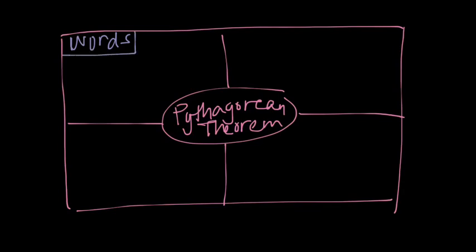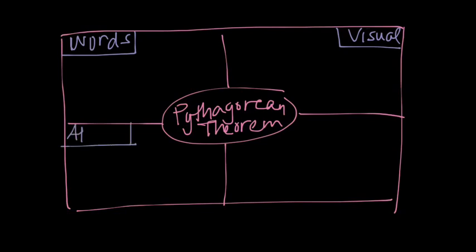So you're going to write the words here. You have the words in your notes. Just a little side note there for you. Then in this corner, you're going to write visual. In the visual section, you would put maybe the triangles with the area squares on the sides, which would be a good visual for that.